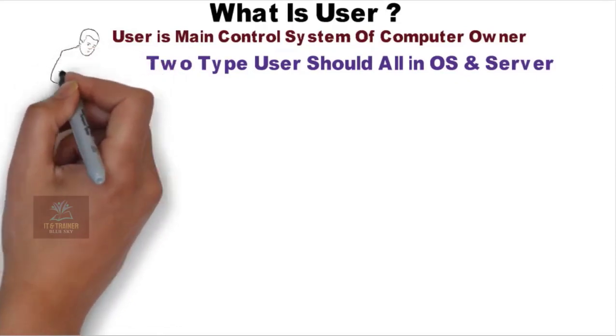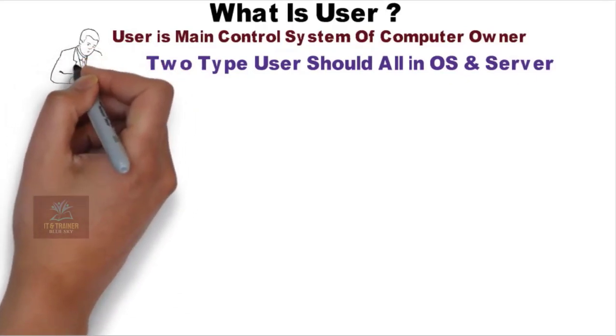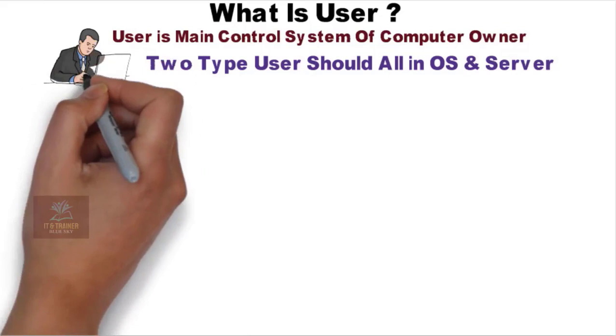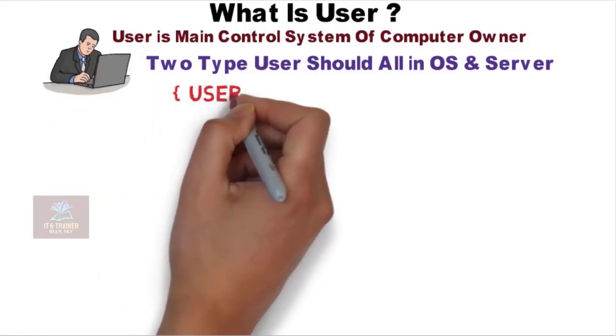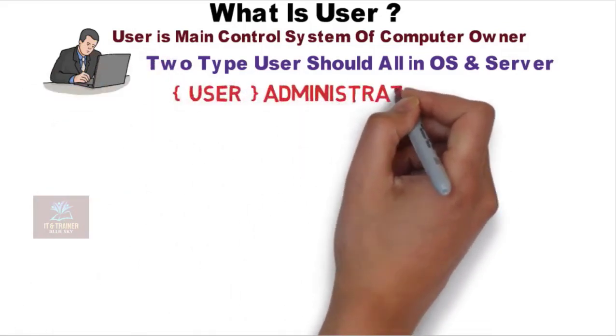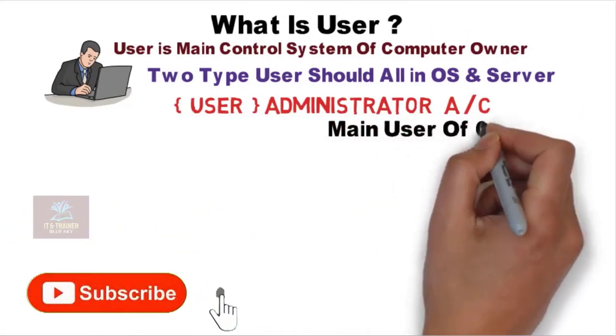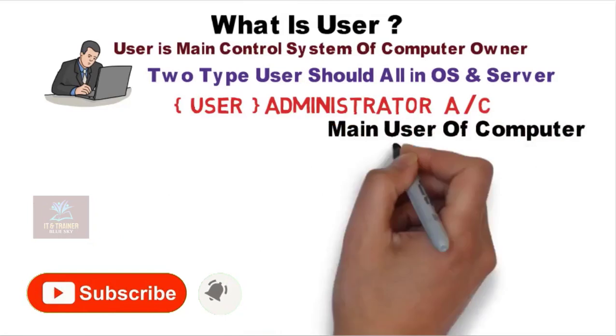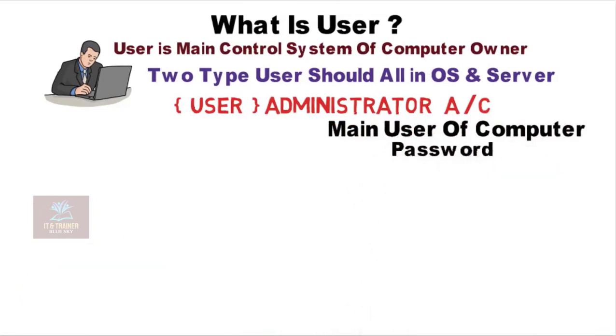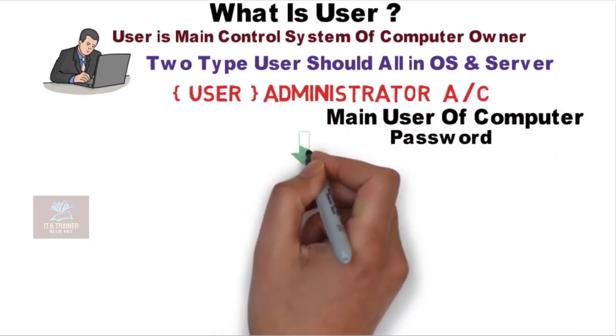Let's understand again. Suppose you are using a laptop and you are using an administrator account. The administrator account is the main user. You log in as the main user of your computer, because this is a permission and password protection system.